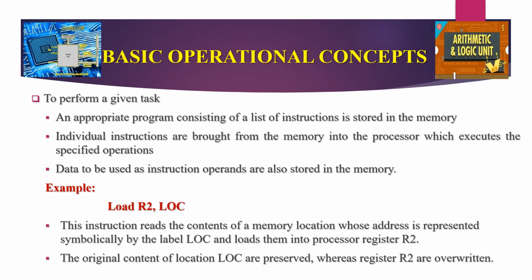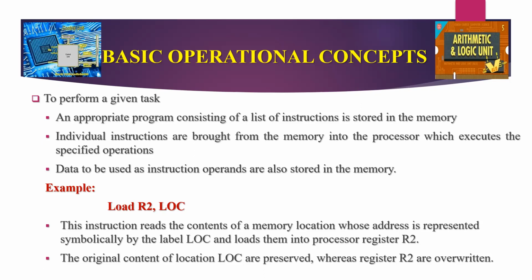For example, Load R2, LOC. Here LOC represents a memory location, R2 is a general purpose register, and Load is an instruction name. This instruction reads the contents of the memory location whose address is represented symbolically by the label LOC and loads them into processor register R2.